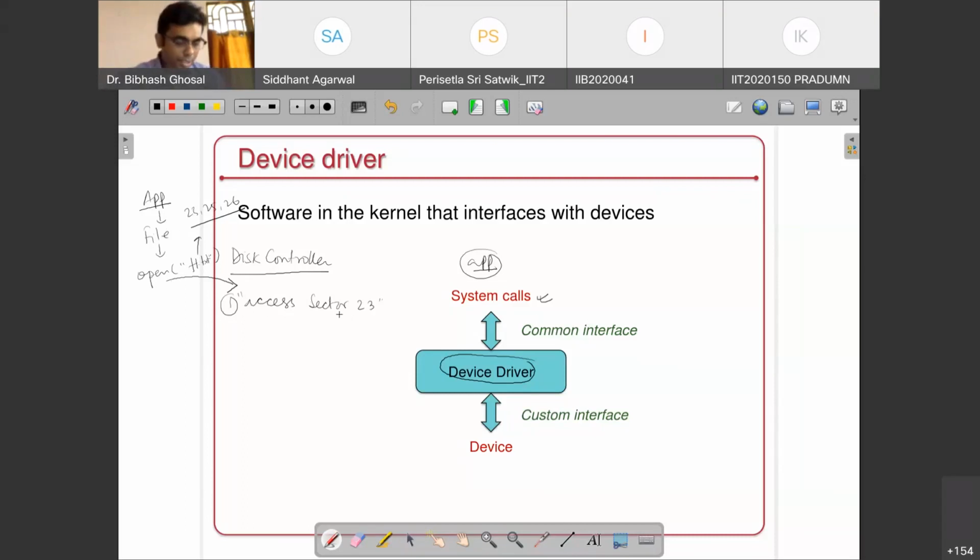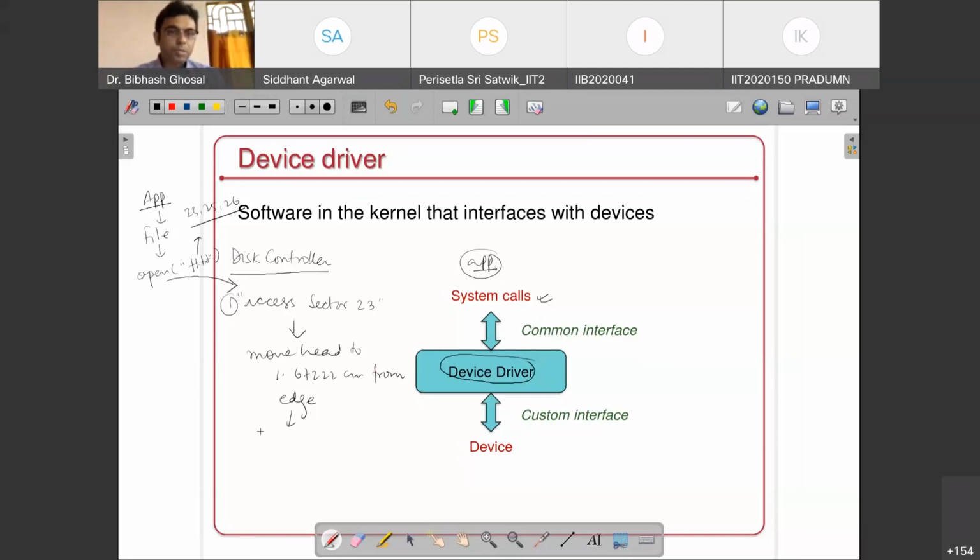And this access sector 23 in turn will be converted into something like move the head to say 1.67222 centimeters from the edge. Look how the higher level instructions are gradually being translated at every step into more sub level instructions, which are actually implemented by the IO subsystem.